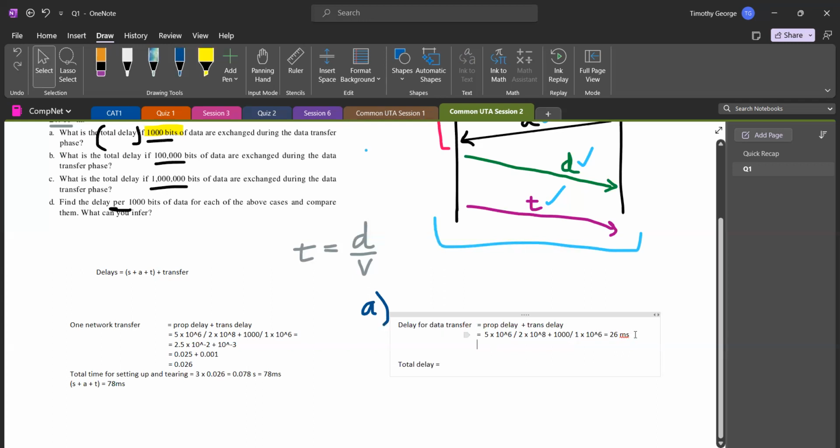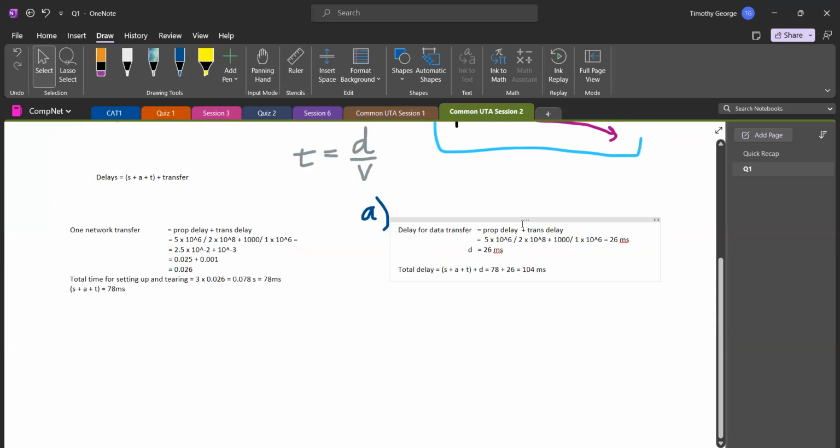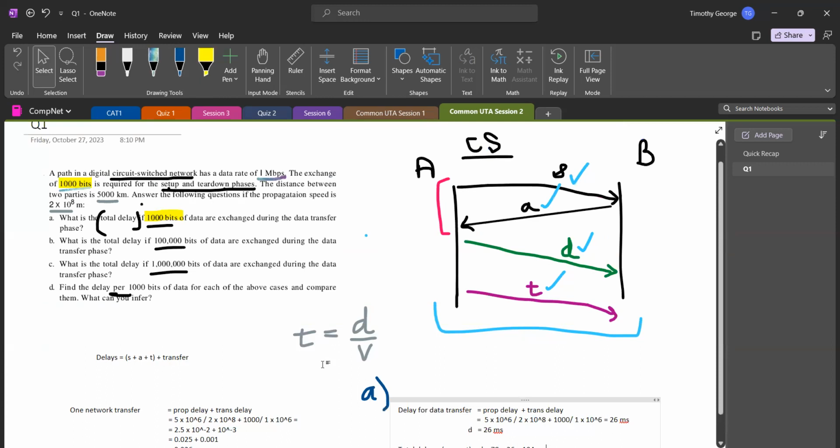Here, D is equal to 26 milliseconds. Total delay: now we know how to calculate this. Simply S plus A plus T plus D. How much is that? 78 plus 26, 104. 104 what? Milliseconds. That's how we solve the first question.